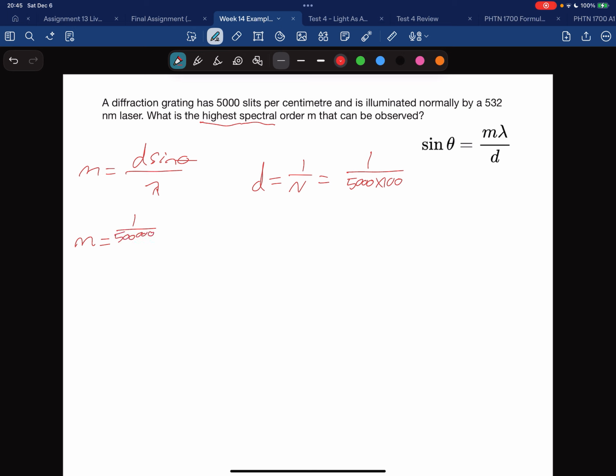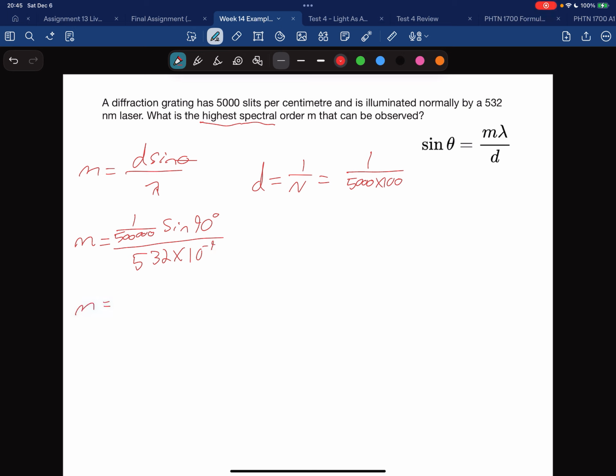So adding that to my formula on the left over here. Now, this is the highest spectral order, so we will maximize the angle here, the sine, to give us the largest answer possible. The largest value of the sine of theta is 1, and that's given to us at 90 degrees. Lastly, our wavelength. We just punch in 532 times 10 to the negative 9 for nanometers.